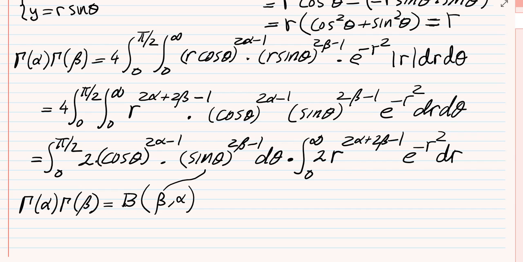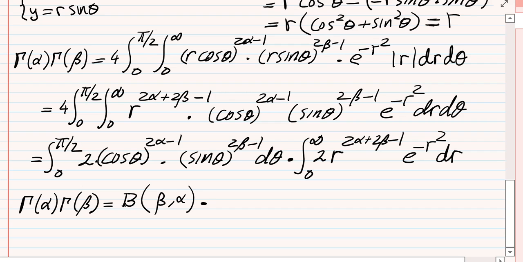This part is the beta, this part is the alpha. And of course, because the beta function is symmetric, we are okay to write this as beta of alpha comma beta times, I'm going to call this integral the latter integral. This one, let's call this one integral I.